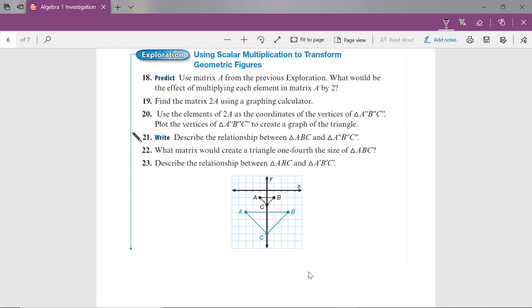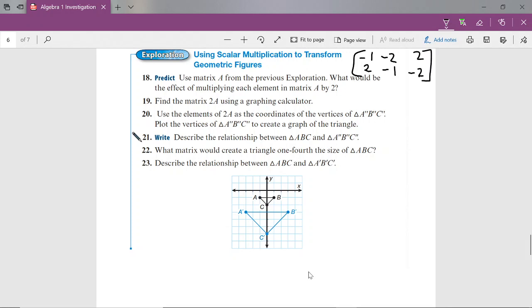So number 18 says, use matrix A from the previous exploration. What would be the effect of multiplying each element in matrix A by 2? So we go back and rewrite our matrix, and we would say my original matrix is right here, -1 and 2, -2 and -1, 2 and -2.